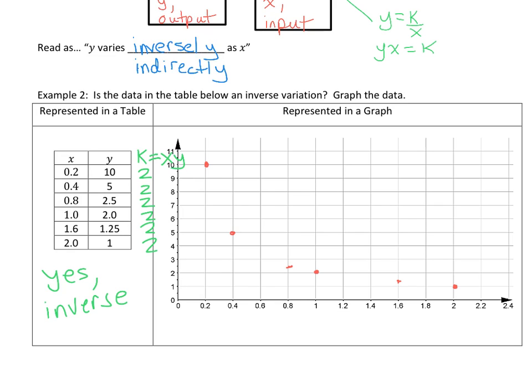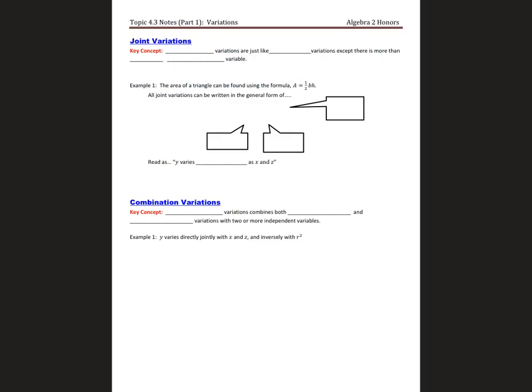So you can see very quickly that this is not linear. This is the opening of our chapter 4, this inverse variation, because this is the most basic of rational functions. It's called the reciprocal function, which we're going to be studying in the next section in depth. But that's why they open up this chapter with inverse variations.